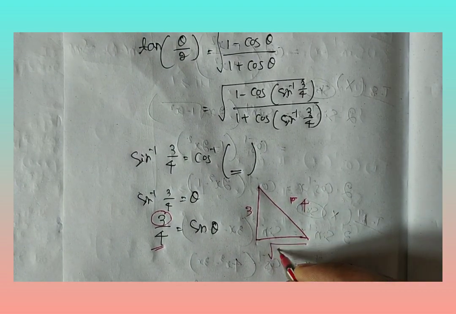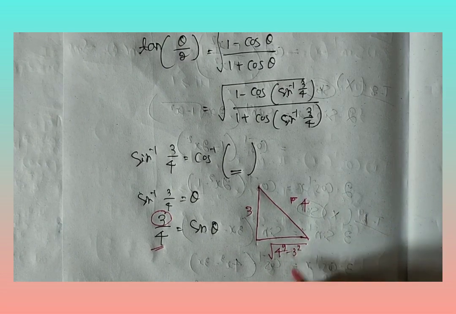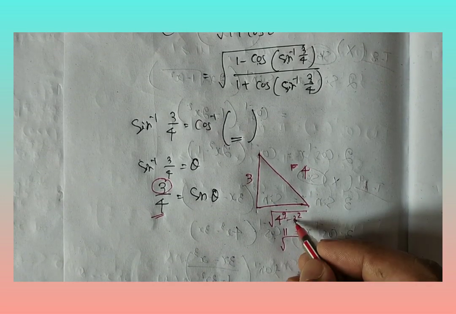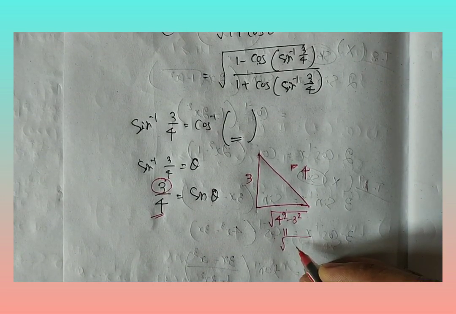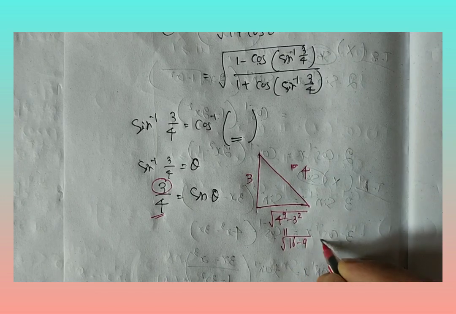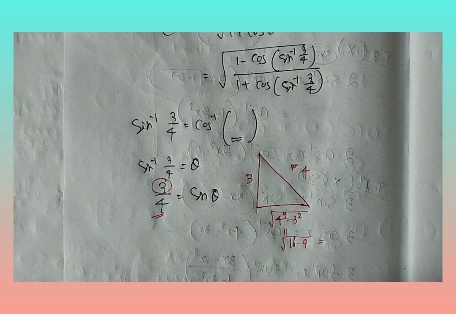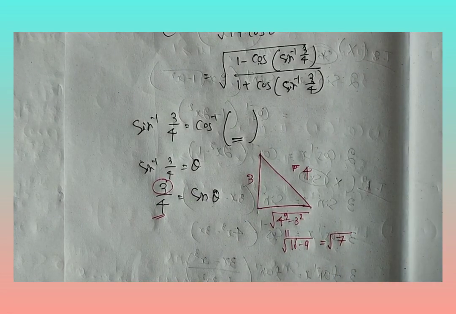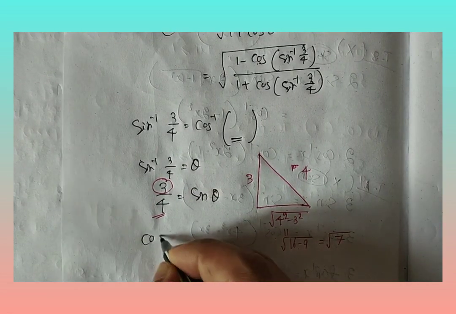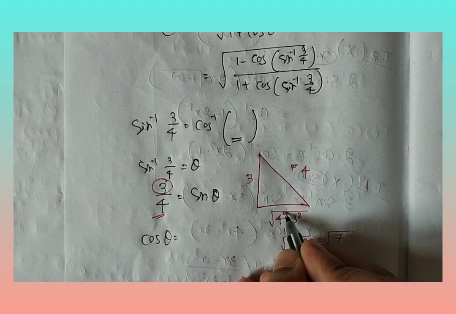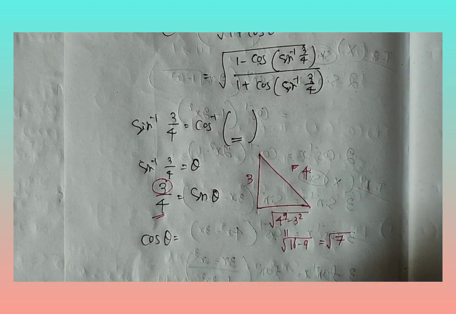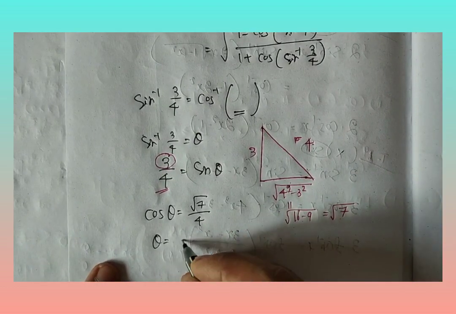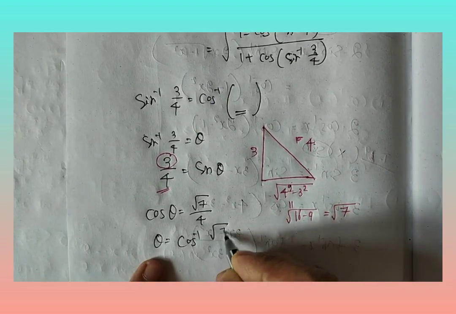Root over 4 square minus 3 square, which is 4 square is 16 minus 9, sorry, 16 minus 9, root over 7. And cos theta equals base divided by hypotenuse, root 7 by 4. And theta equals cos inverse root 7 by 4.